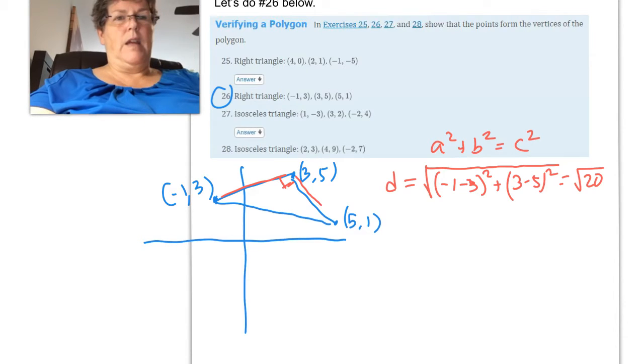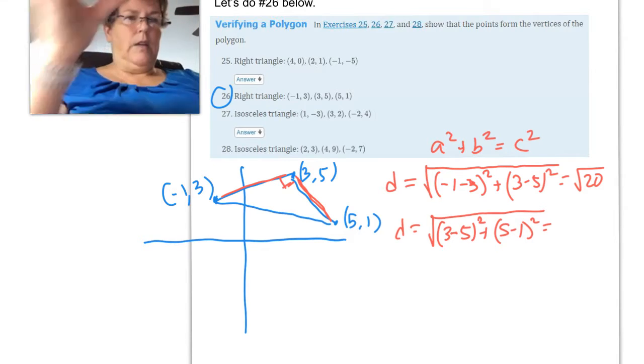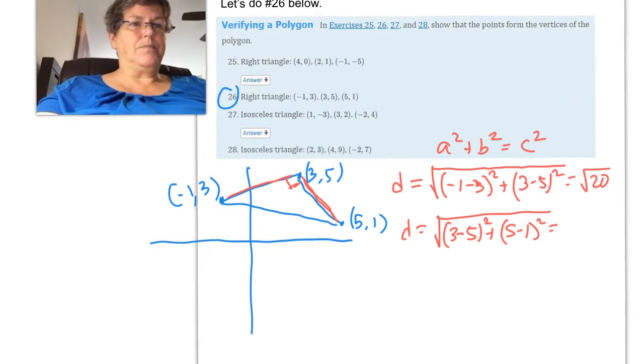If I go to get the next leg, let's get distance again. Subtract the x's, 3 take away 5 squared, subtract the y's, 5 take away 1 squared, and looks like I get 4 plus 16, which is the square root of 20 again.